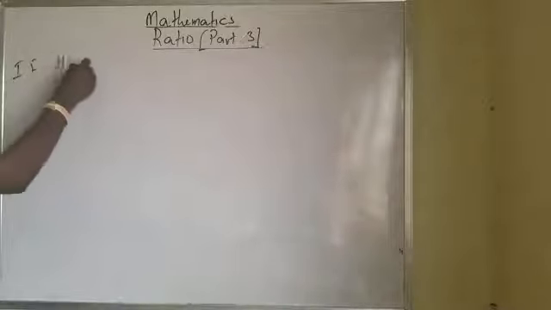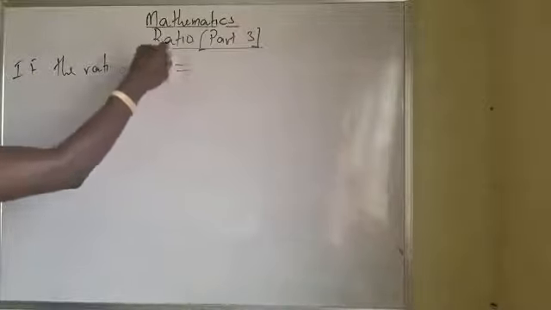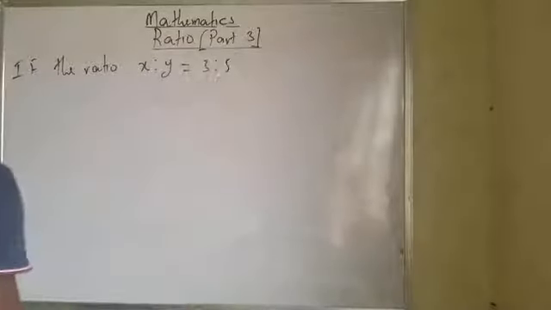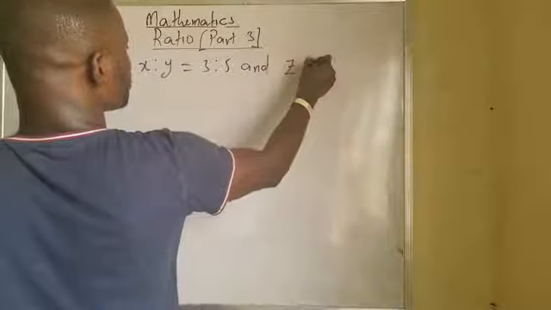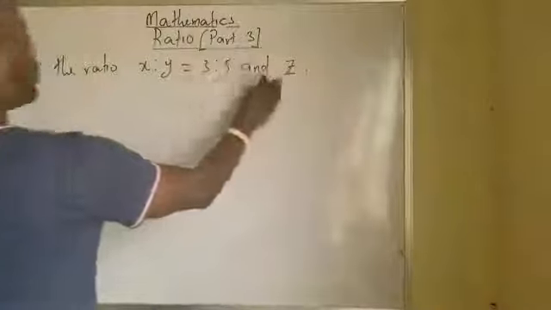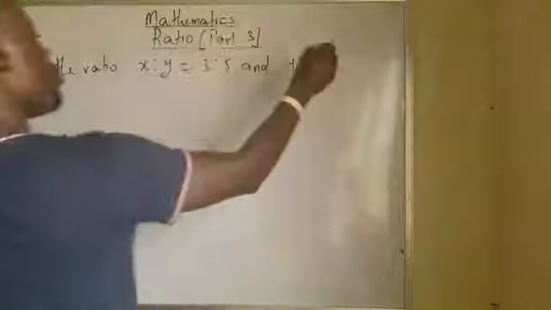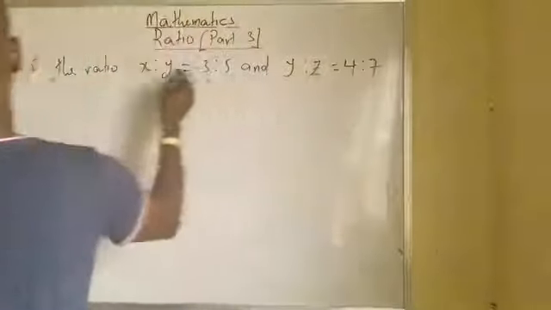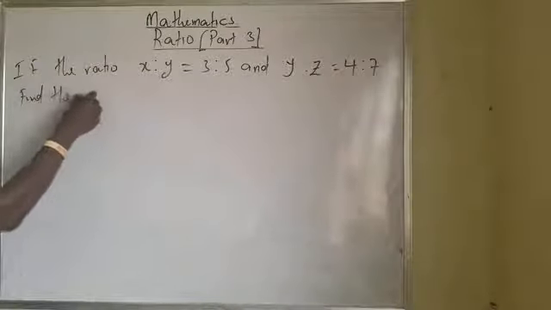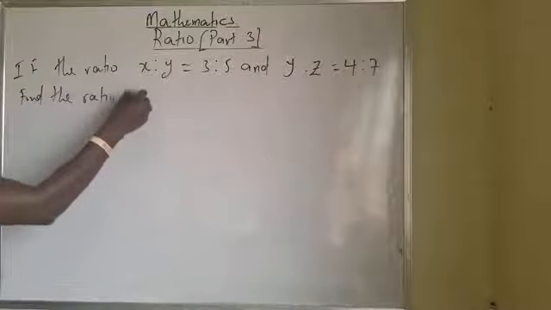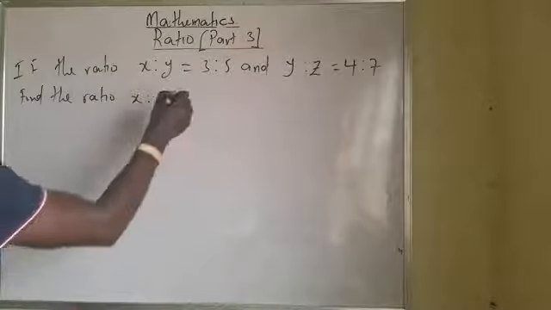If the ratio x to y equals 3 to 5, and y to z equals 4 to 7, find the ratio x, y, z. That is a very nice question.